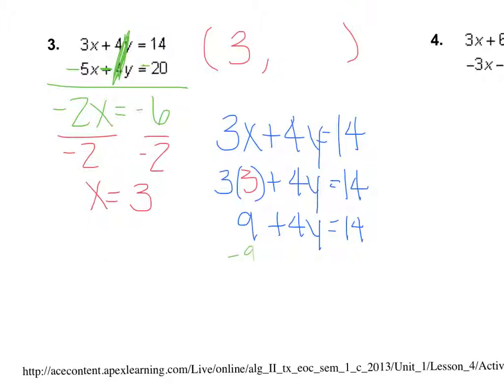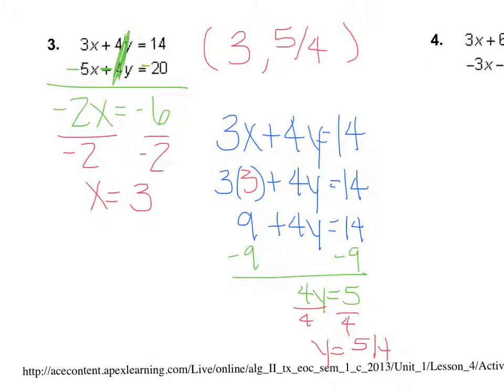I'm going to subtract 9 from both sides, so I get 4y equals 5. And then for my final step, divide both sides by 4, and I just end up with y equals 5 over 4. So my solution to this system of equations would be the ordered pair 3, 5 over 4.